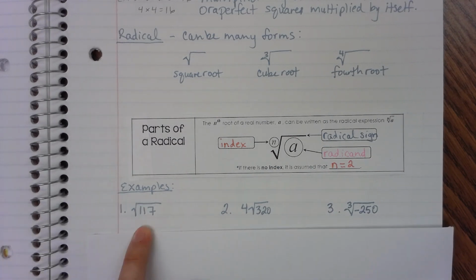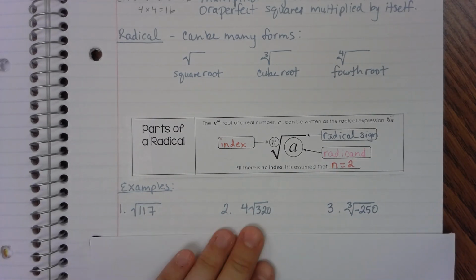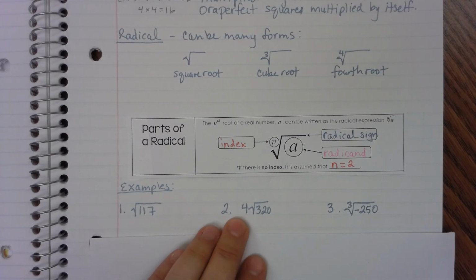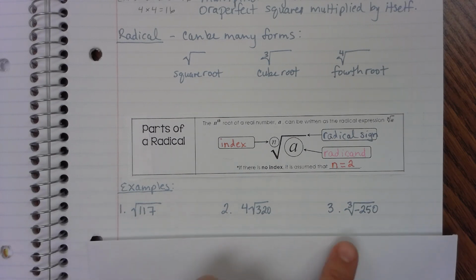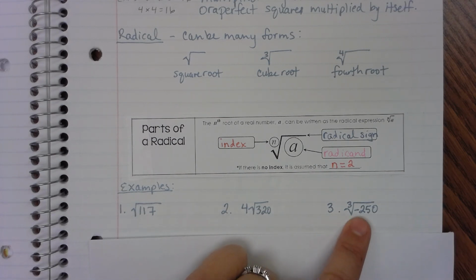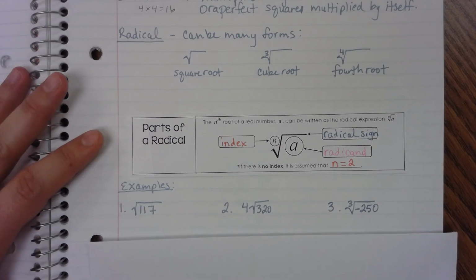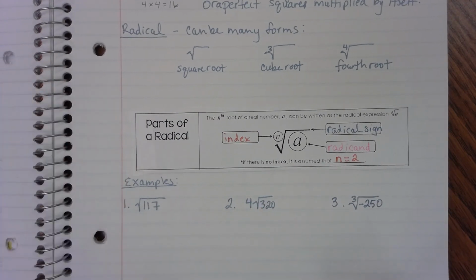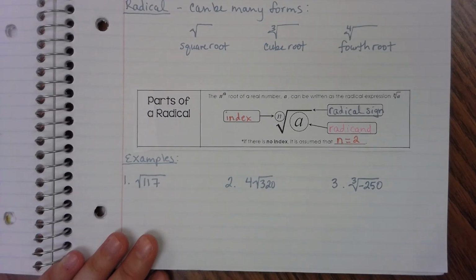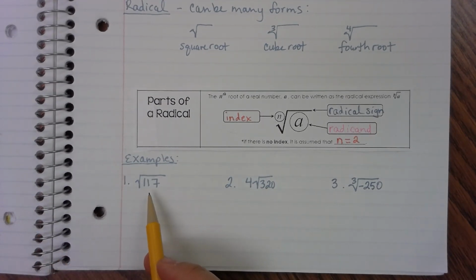We're going to start off with a square root. Then we're going to look at what happens when we introduce a coefficient in front of the square root. And then we're going to take a look at a cube root as well as a negative number and when that's acceptable. So what we want to do here is take a look at the numbers themselves. In my first example, I have the square root of 117.